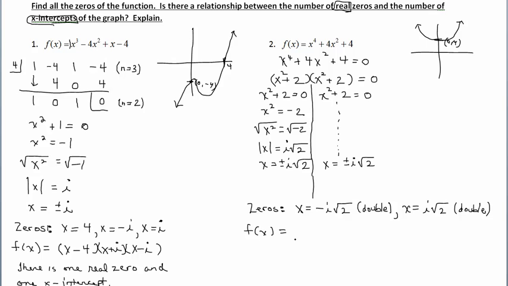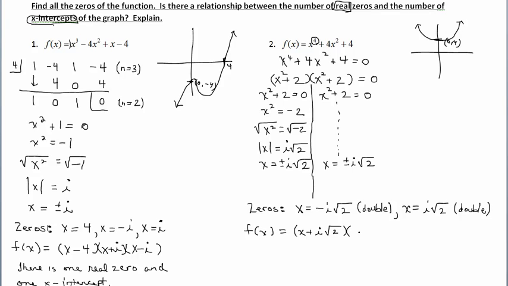To help us with the next work that we have to do, let's go ahead and factor this into 4 linear factors. Remember, there has to be 4 linear factors. So from these zeros right here, if I were to add i square root of 2 to the other side, then the factor it comes from is x plus i square root of 2.